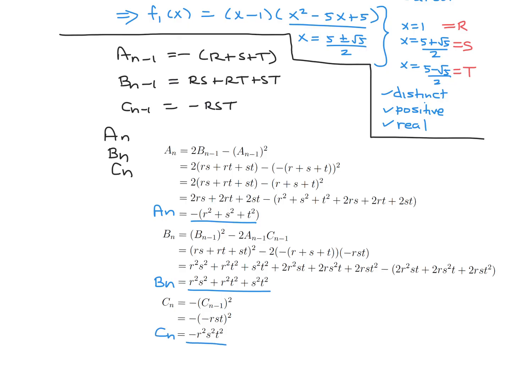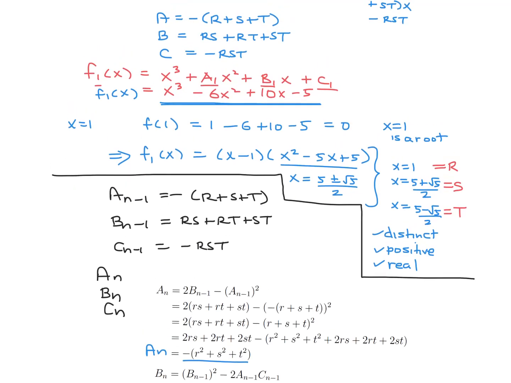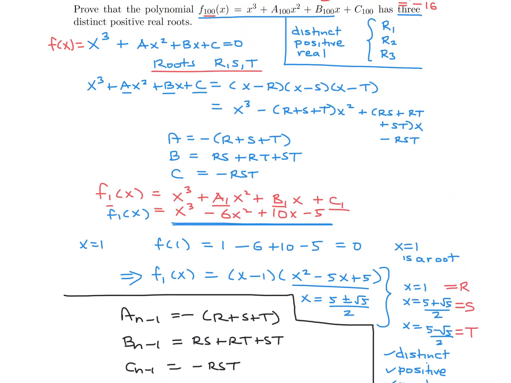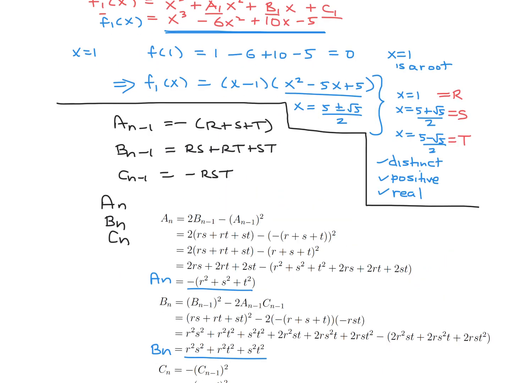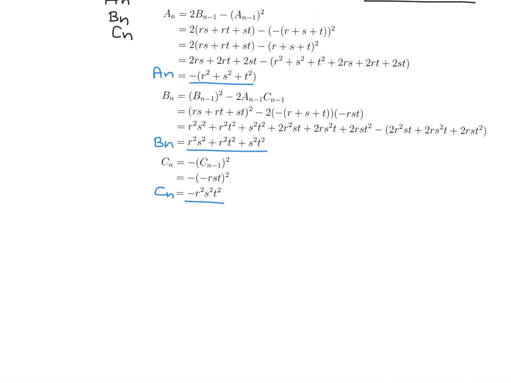And therefore, you can just sub those in and mix and match with this original formula up here. So that would basically mean that f at n, whatever n is, would be x to the power 3 plus an x squared plus bn x plus cn.